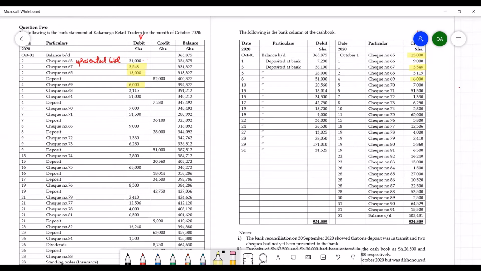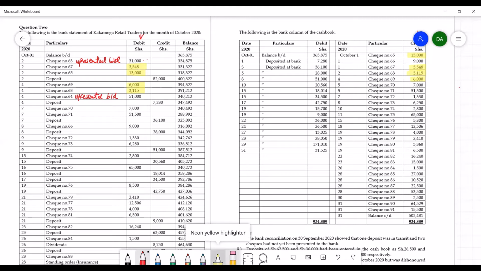Check number 68 is available here and also available in the cash book. Check number 64 is available in the bank statement, but not in the cash book. So this is another unpresented check at the beginning. It is available here, but not available in the cash book. Unpresented brought down. Meaning at the beginning of the period, this check was an unpresented check.